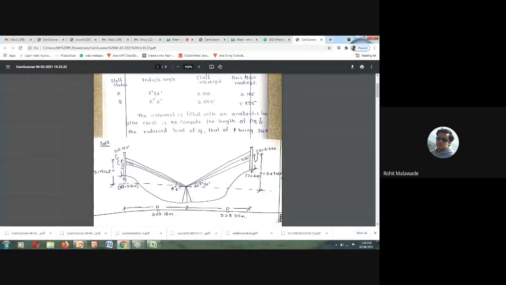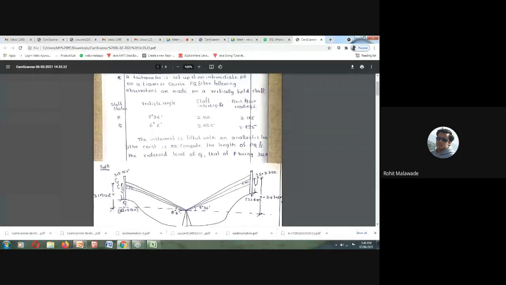The staff intercept, which is the difference between the top stadia and the bottom stadia reading, is given as 2.350. And the axis hair reading, the center crosshair reading, is 2.105.